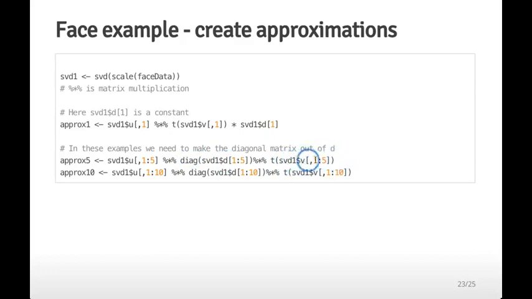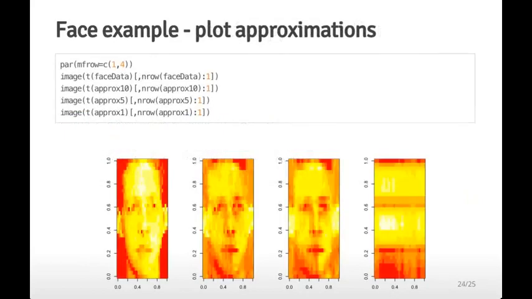This exactly maps to the UDV transpose definition of the singular value decomposition that I gave in the mathematics at the beginning of the talk. So I have an approximation with one singular vector, with 5 singular vectors, and with 10 singular vectors, and I can show you what those look like in terms of images.